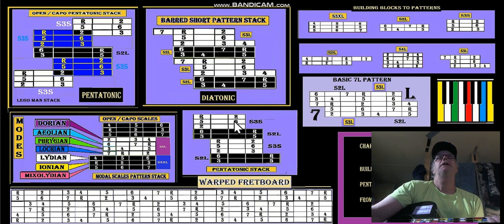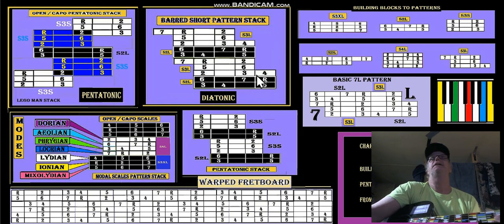Okay, now this is a pentatonic pattern stack. This is the diatonic, means it has the 4th and the 7th. So instead of stack of 3S over here, which is just 2, 3, 5, 6 root 2, I've added the 4 and the 7 over there. Okay, so it stacks on top of itself nicely.